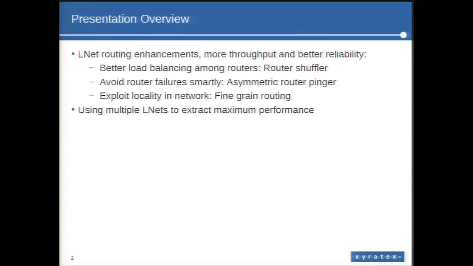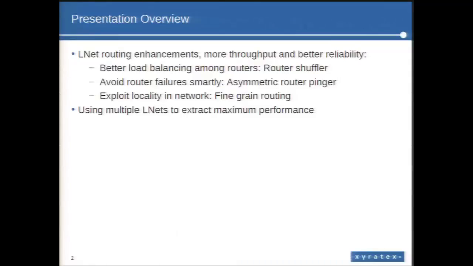The features I'm going to talk about include the router shuffler, which is a very simple change, but yields surprisingly better load balancing among the routers. The next one is the asymmetric router pinner, which is a smarter router pinner that can detect and avoid router failures asymmetrically.